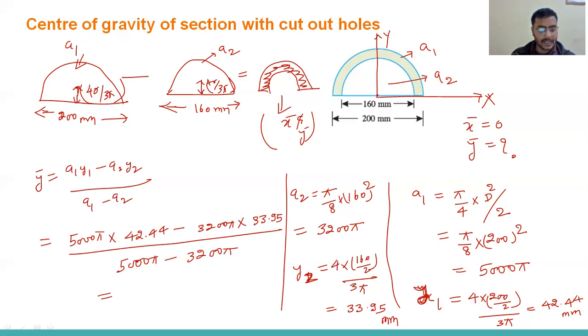By solving, I have calculated, so I'm writing directly: 57.533 mm. Right? Okay. So you have to see the total area, you have to calculate the area of the holes or deducted portion. Then you can apply this formula and calculate the X bar and Y bar. I get your point. Okay, good.